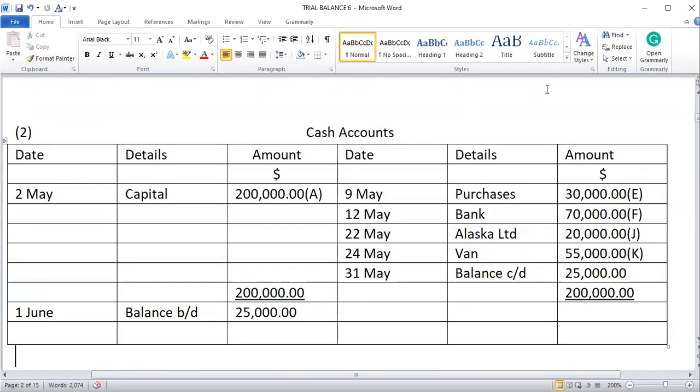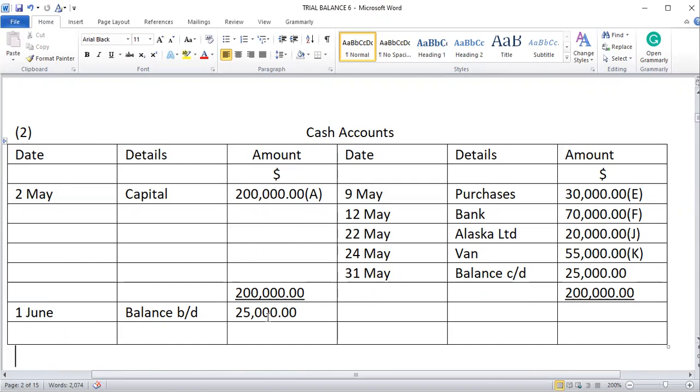Let us look at the cash account. The cash account has been carried down 31st May, carried down on the credit side and brought down on the debit side. So we say that the cash account is a debit balance, because the next month it has been shown on the debit side.